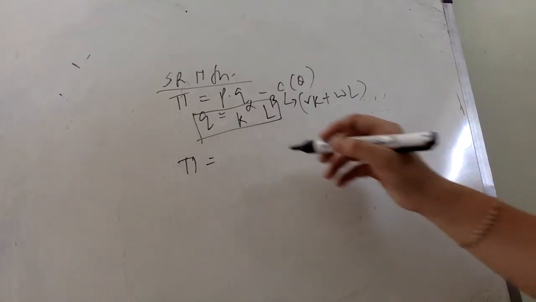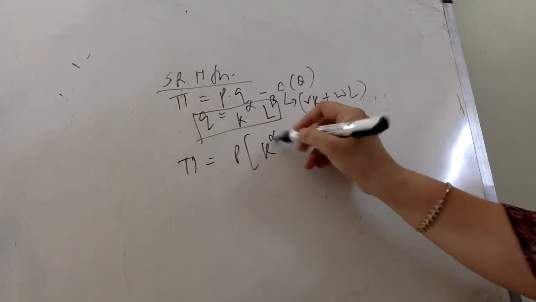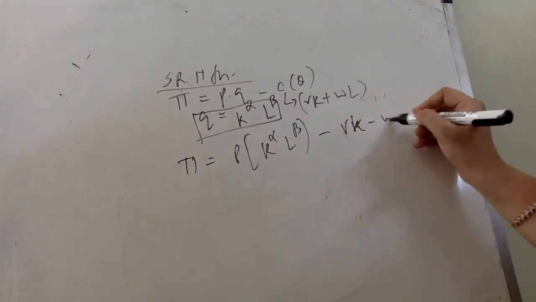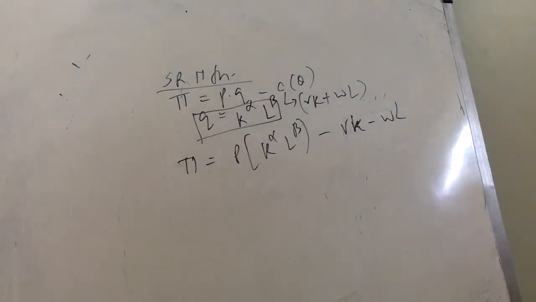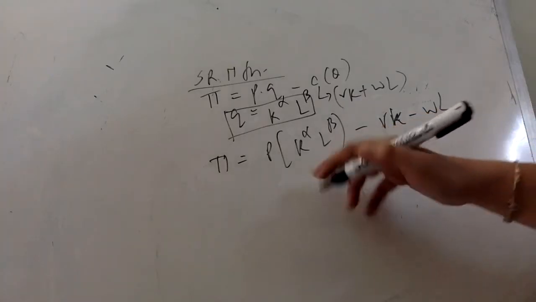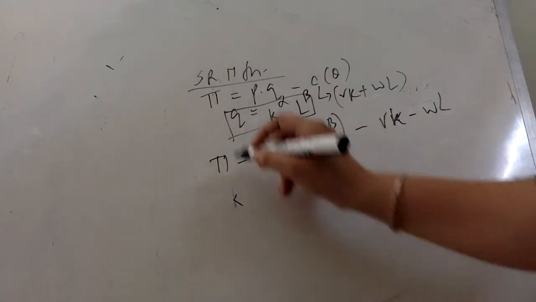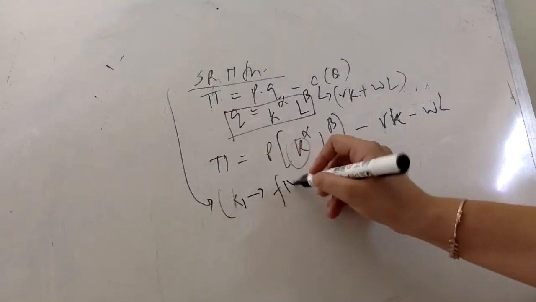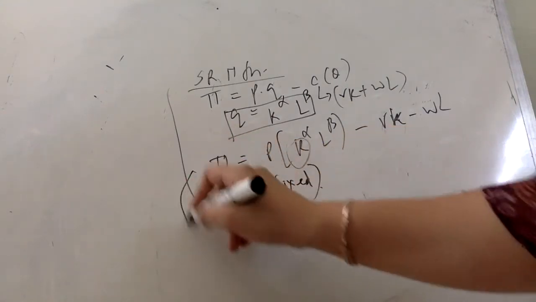It is price times K^alpha L^beta minus VK minus WL. This is my profit function. Now, given that K is constant, because we talk about the short run, K1 is fixed for us.